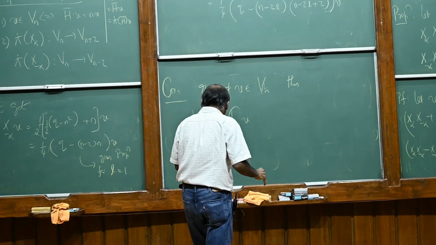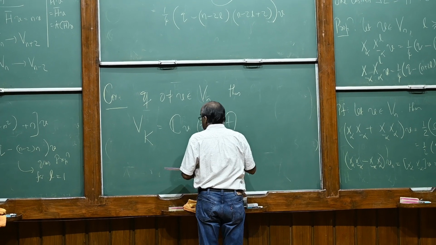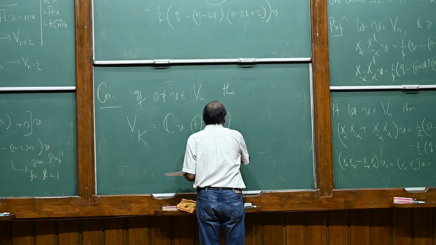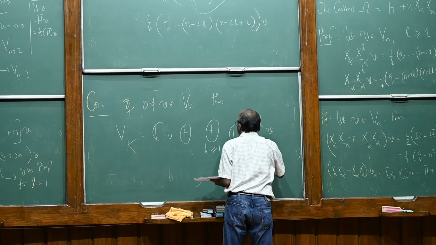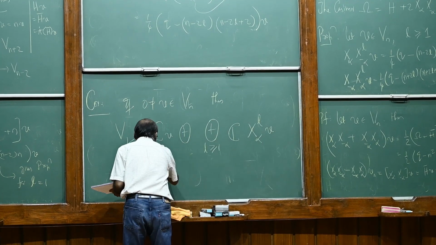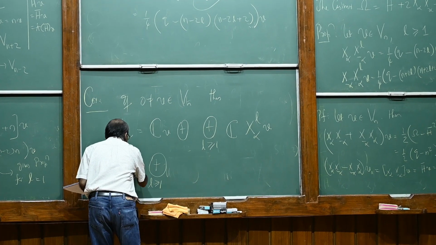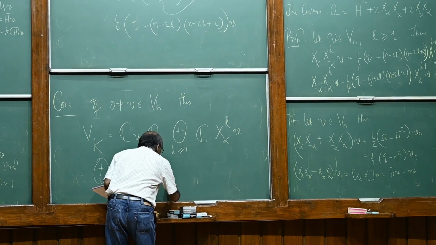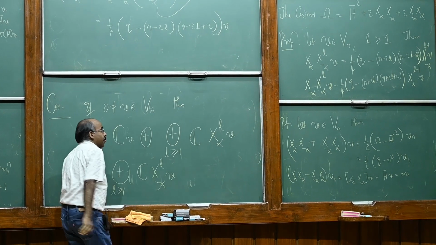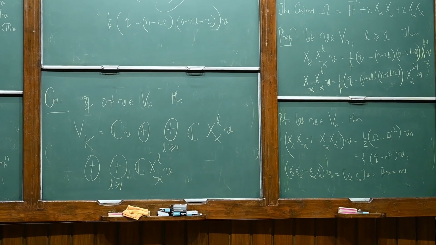So that is your whole thing. So this is the direct sum over L greater than or equal to 1 of x alpha to the L v, plus the sum over L greater than or equal to 1 of x minus alpha to the L v. So this is your Vk.